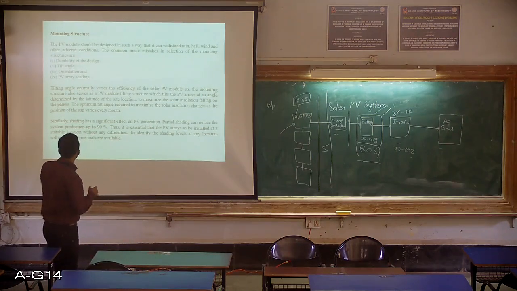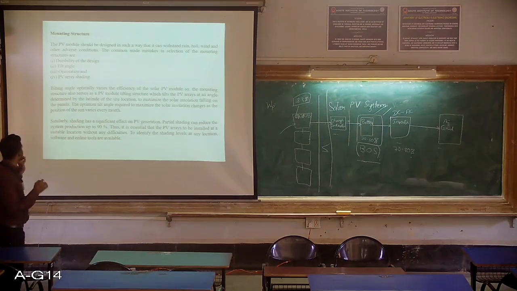So we should consider solar PV array shading also, and if we consider all these 4 points, it is possible to make a proper mounting structure which can improve the performance and give more efficiency.